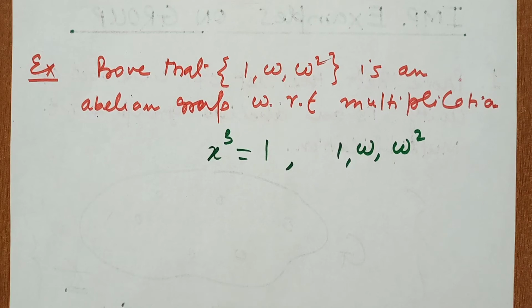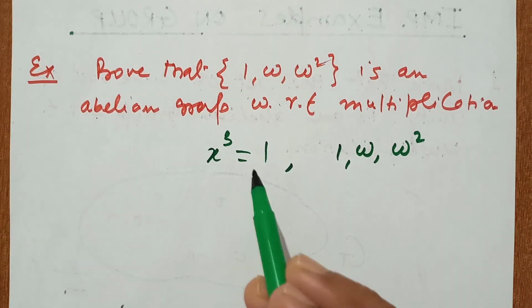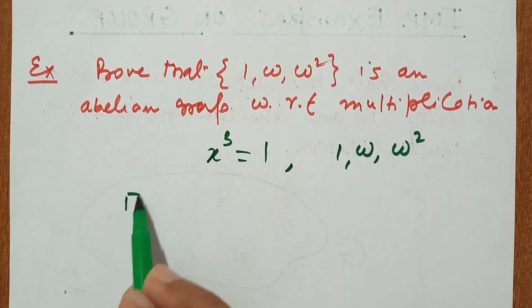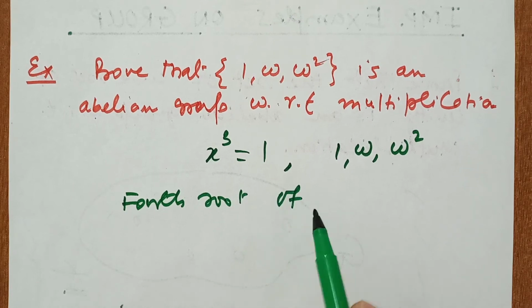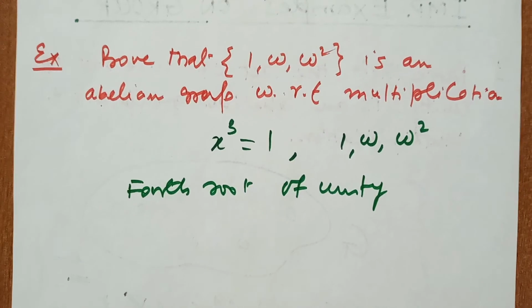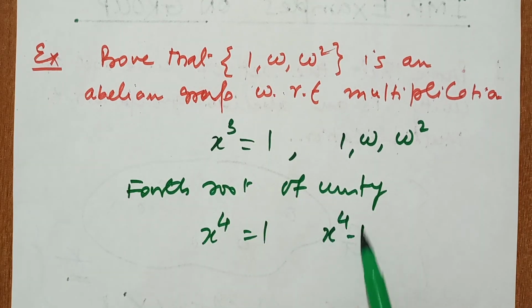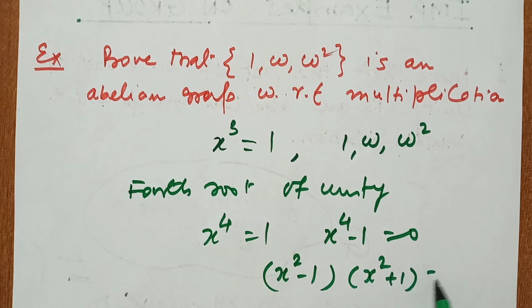In a similar question, in place of cube root, prove that the fourth root of unity is an abelian group. So how will you solve it? Fourth root of unity means x to the power 4 is equal to 1. So x to the power 4 minus 1 is equal to 0. So (x square minus 1)(x square plus 1) equal to 0.